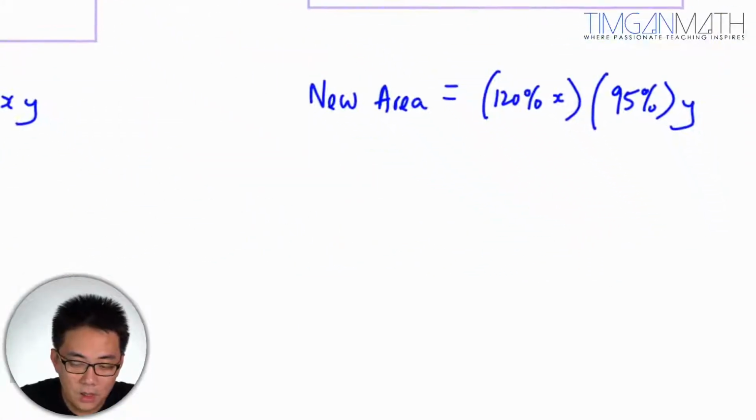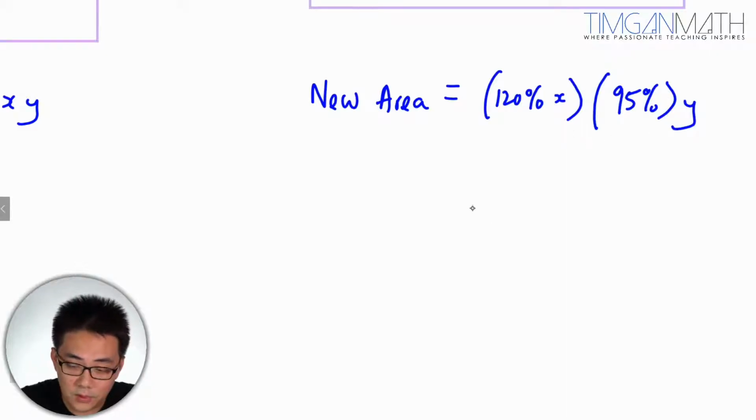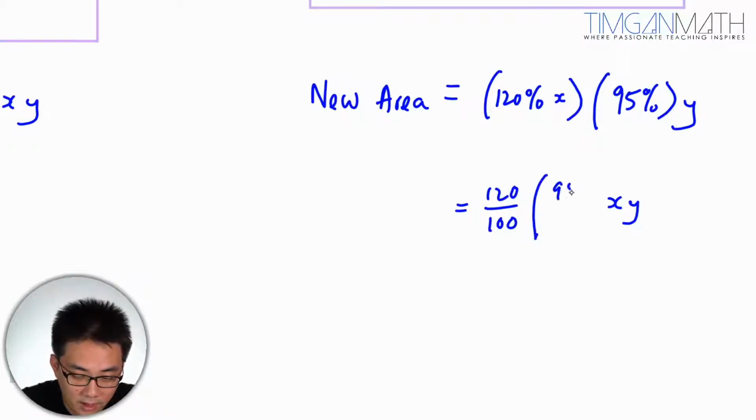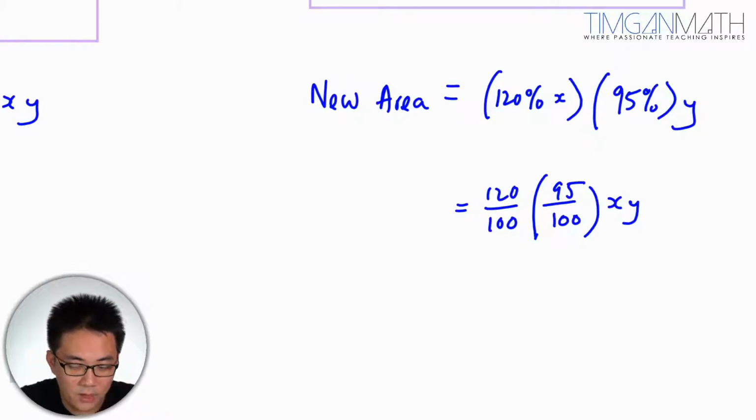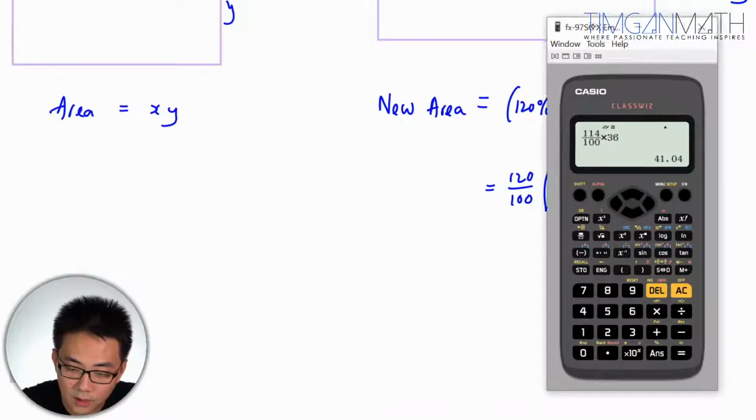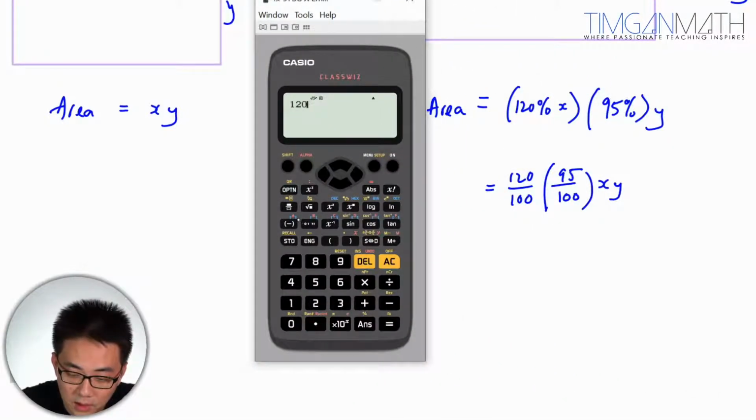Once this is done, this is just algebra. x multiplied with y will be xy, and this will be 120 over 100 times 95 over 100.